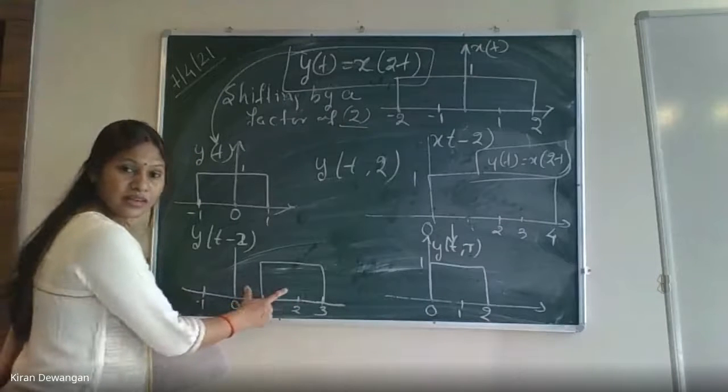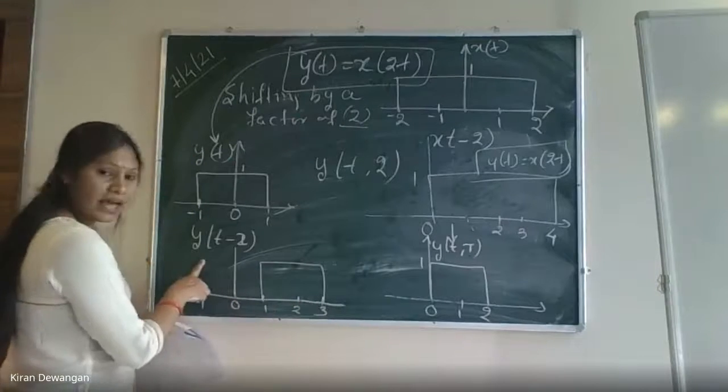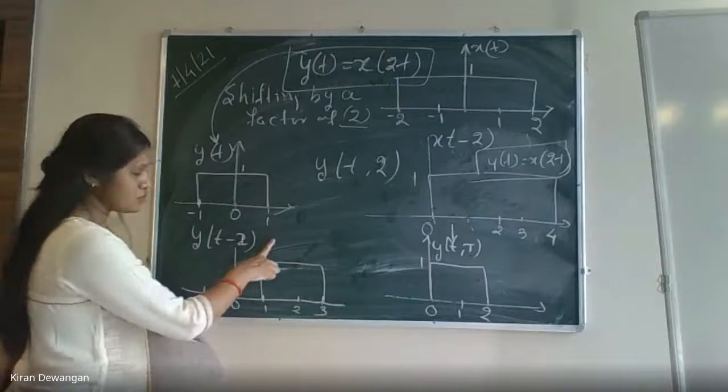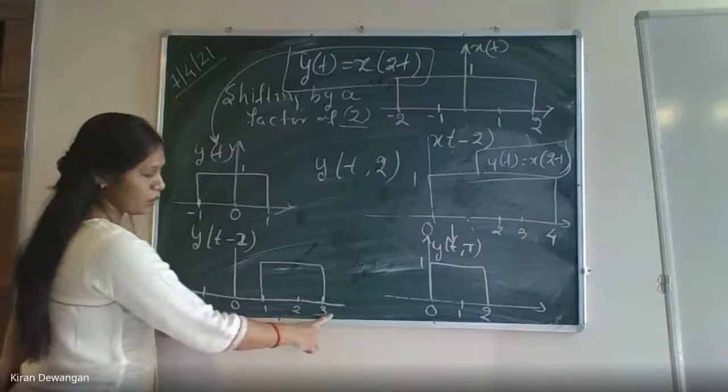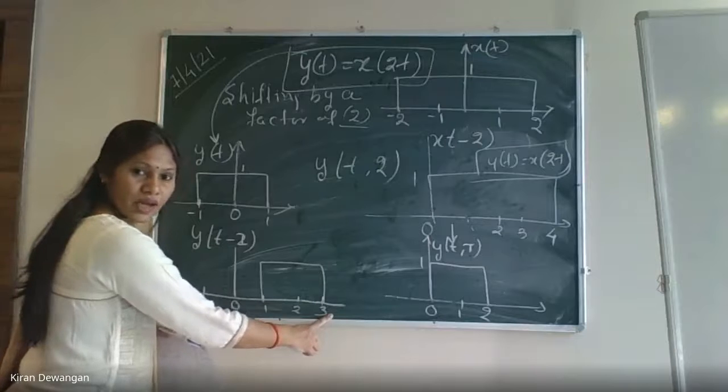It's going to be this, right? Everyone, if I am applying directly y of t minus 2, it will start from 1 and it will plot it till 3. 3 का plot होगा.